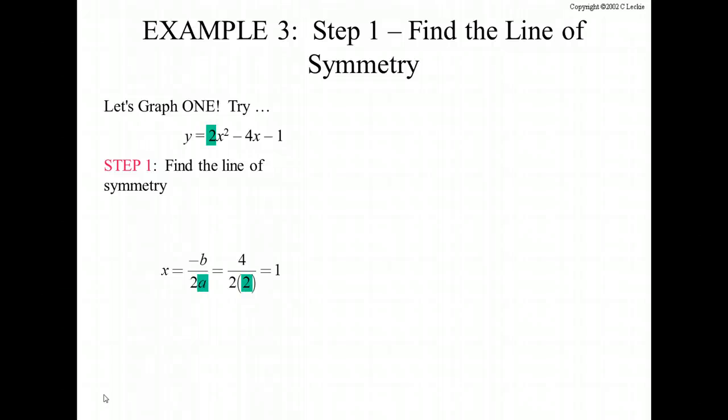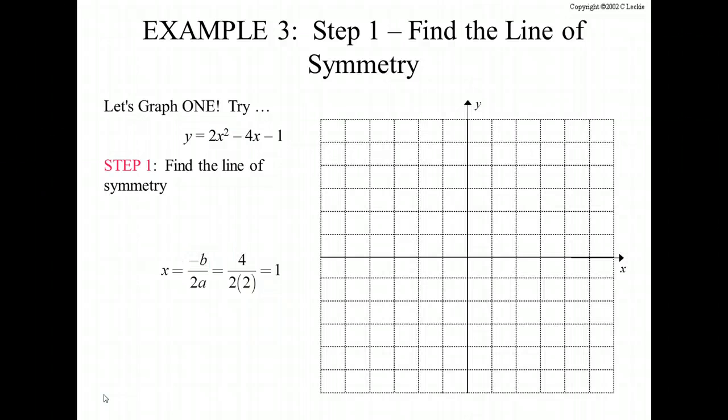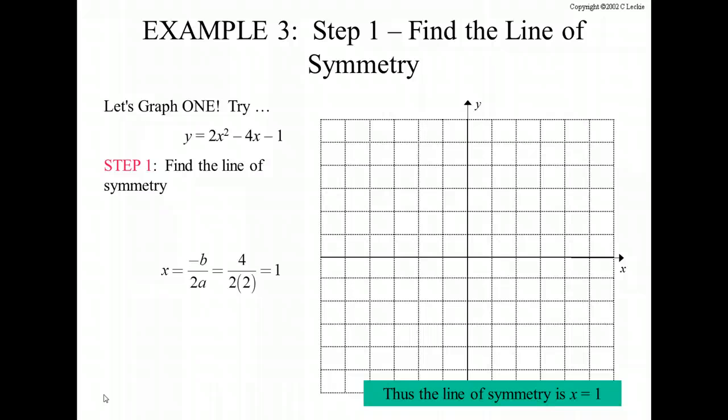So we substitute in a 2 for a, we substitute in a negative 4 for b, so a negative 4 becomes positive. And we end up with 4 over 2 times 2 is 4, so 4 over 4 gives us 1. So our line of symmetry is the line x equals 1. It's a vertical line at 1 on the x-axis.